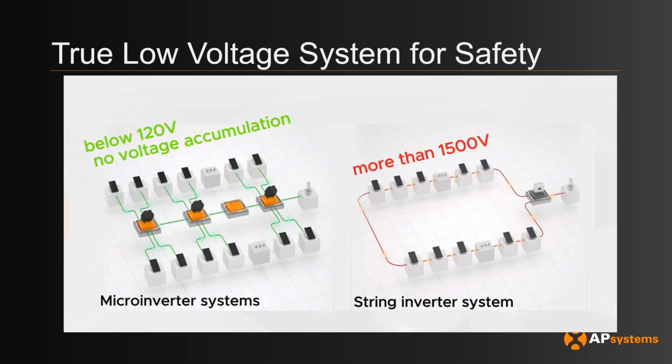But with a true microinverter solution, the maximum voltage that you can get from the DC side is just going to be one panel. This image actually needs to be updated. It should be below 60 volts as opposed to 120, because we have some microinverters where you can put two panels in series to get 120 volts. But we don't sell that in Canada because I don't believe it passes certification in Canada.